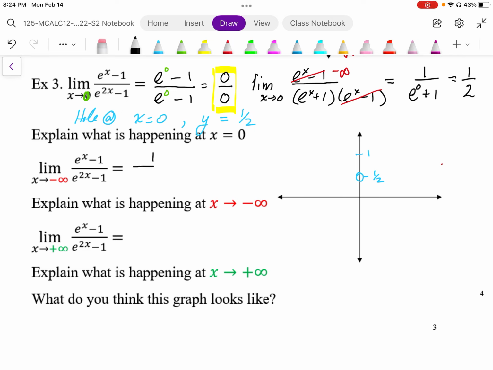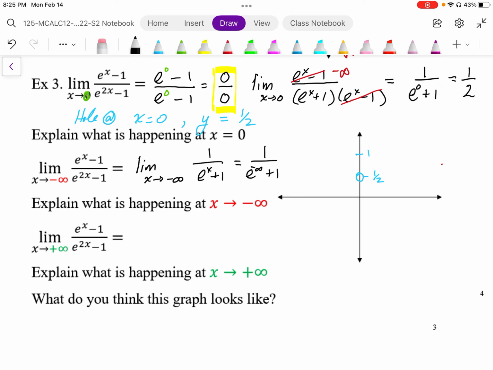I've dealt with my restriction. So I can apply this limit on the simplified expression. So as x approaches negative infinity of 1 over e to the x plus 1, I can now evaluate this limit by just plugging in. I get e to the negative infinity plus 1.